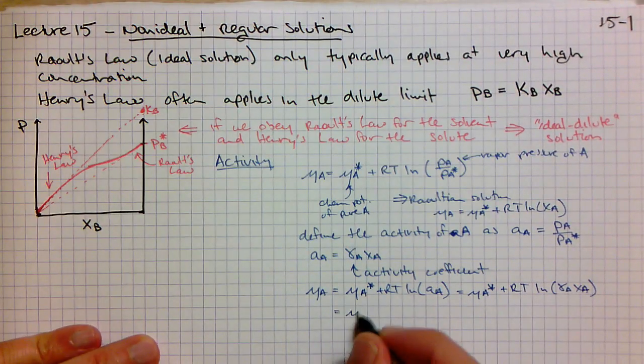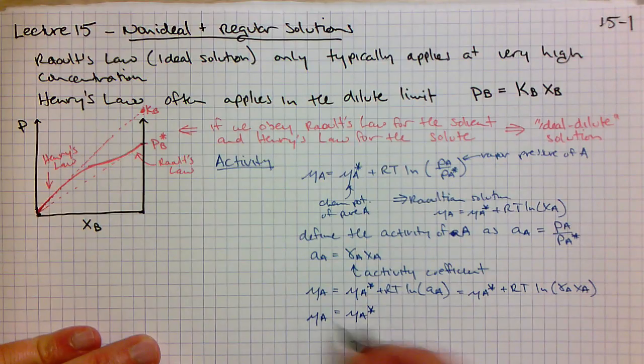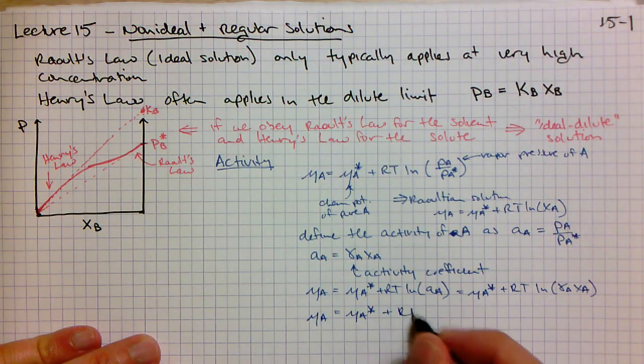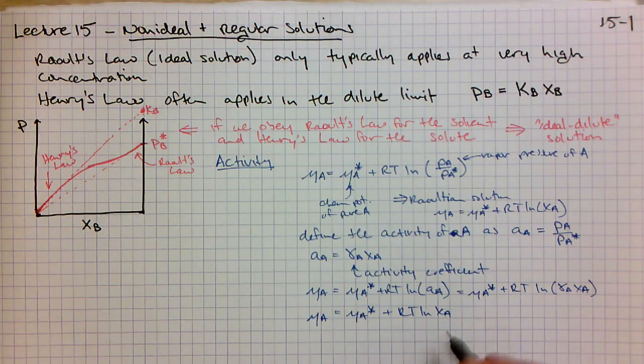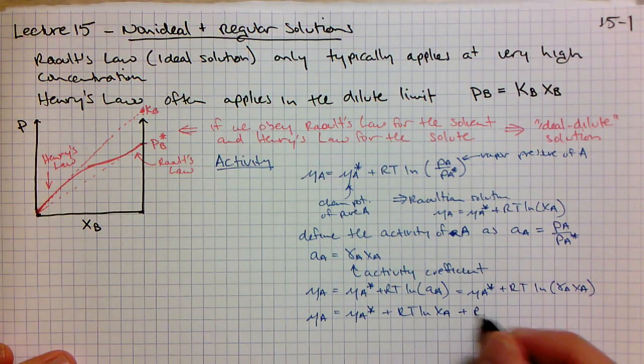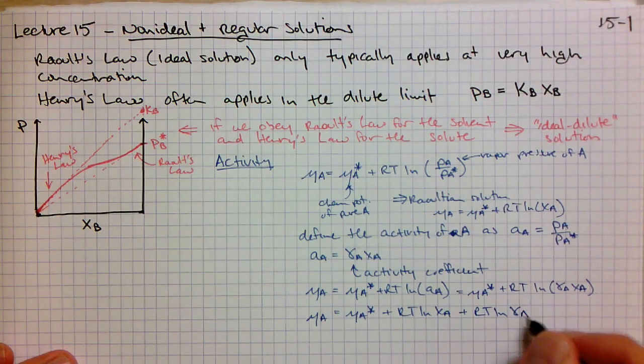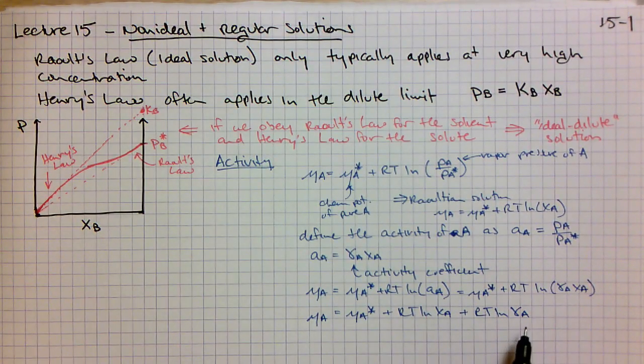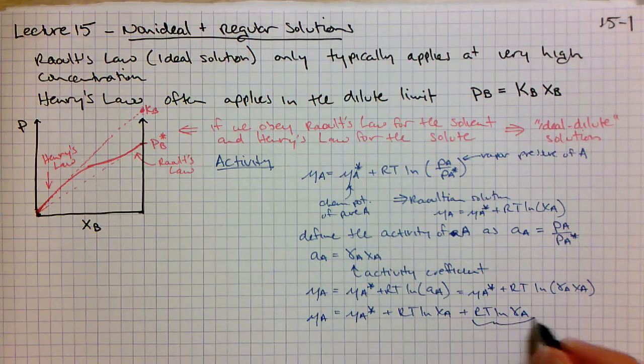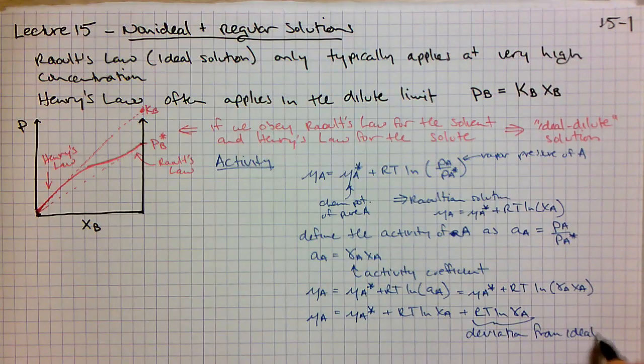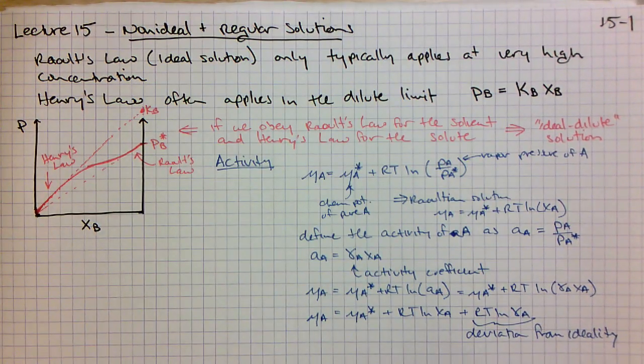Or in other words, mu A is equal to mu A star plus RT natural log of XA, which would be the ideal solution, plus a correction term, RT natural log of gamma A. Gamma A would, of course, be 1 in the Raoultian case, but in general it's not 1, and this would give the deviation from ideality. Now, of course, all we've done here is rename things. This doesn't tell us anything particularly interesting about the physics, but it does give us the common notation that gets used when discussing solutions.